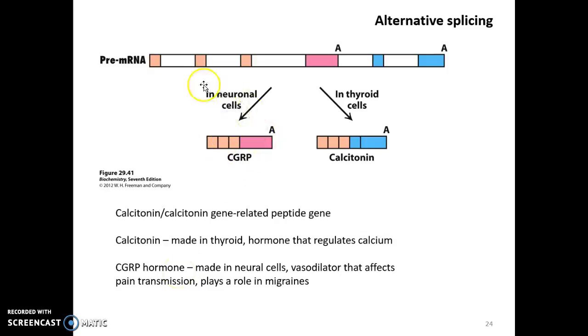We get that by splicing together this, and this. We won't fool with this at all; we'll just ditch it, treat it as introns. That's really important in vasodilation. It affects whether we feel pain or not, and it apparently plays a role in migraine headaches. So we have one gene, but it encodes two different final messenger RNA molecules and therefore proteins, some used by some cells of the body and others in different cells.